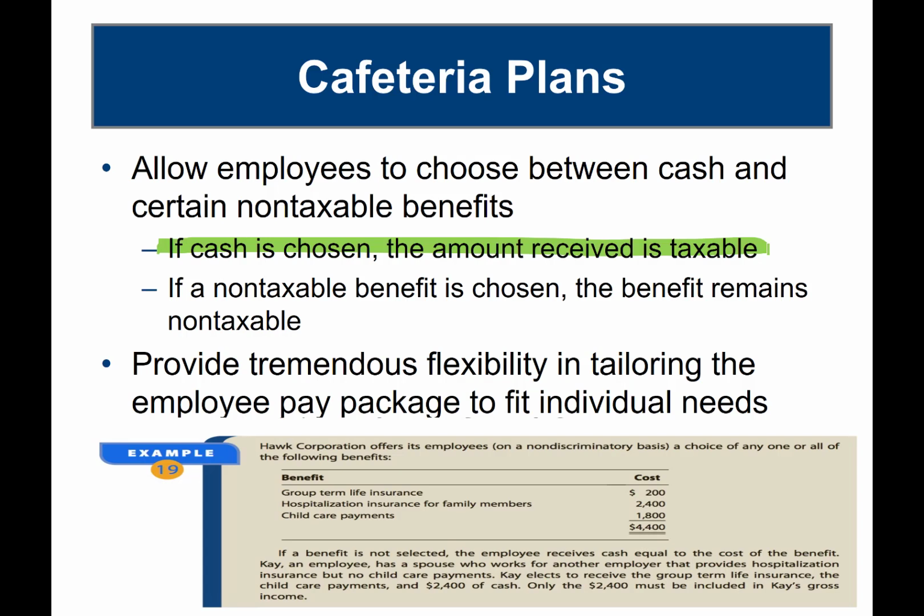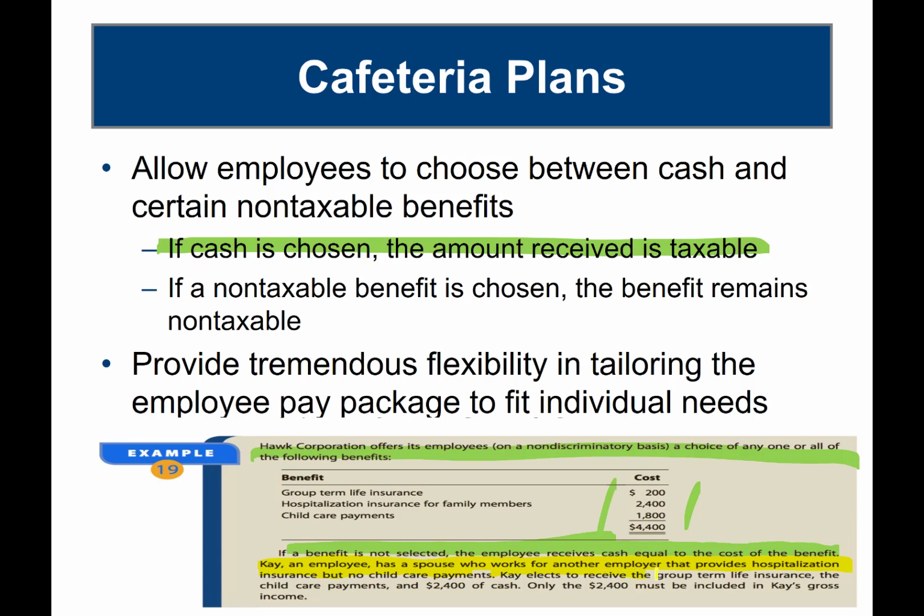Okay, so if that's the case, you have this Hawk Corporation that's offering these different benefits here. And if a benefit is not selected, then you can receive cash in lieu of that benefit. Okay, and so what happens? K, an employee, has a spouse who works for another employer that provides hospitalization insurance, but no child care payments.